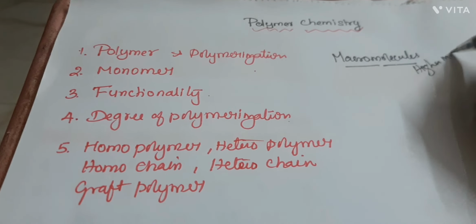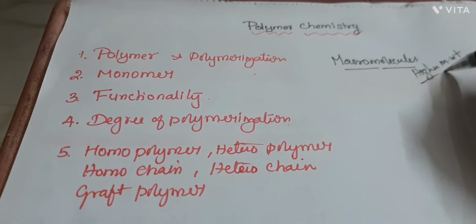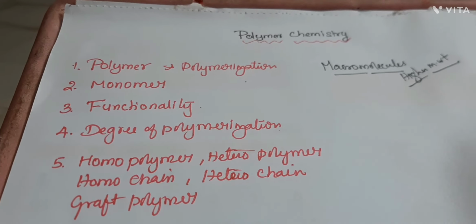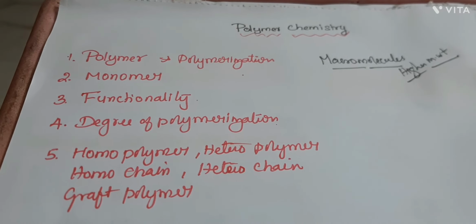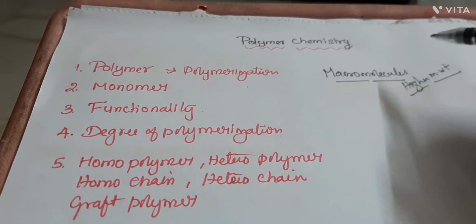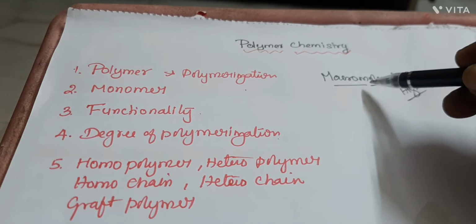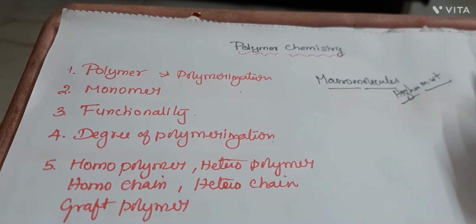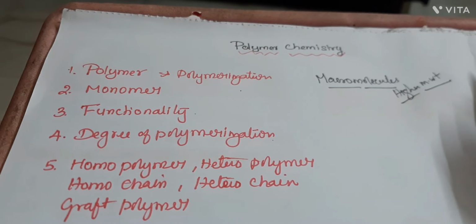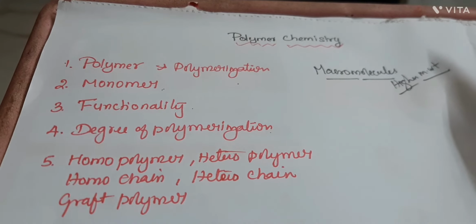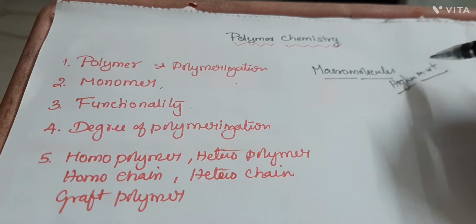The molecular weight can be greater than 1000, it can be 2000, it can be even 1 lakh, like that. Such molecules that have higher molecular weight, formed by the combination of many monomers, are said to be polymer.